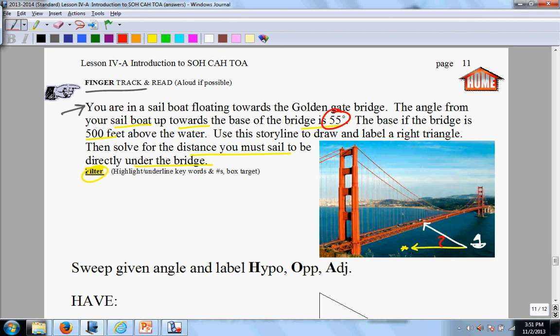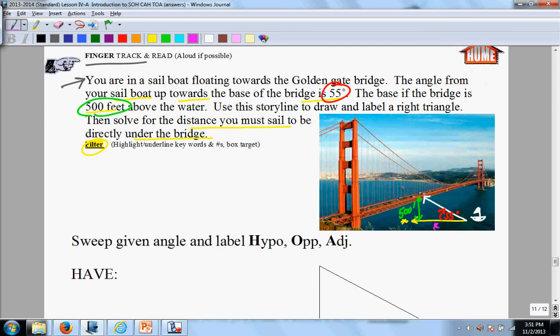It's called an angle of elevation, 55 degrees. The height above water is 500 feet. So from that point straight down, that's 500 feet already. Your unknown is how far you must move forward to get to the bridge. So that horizontal distance is your unknown.